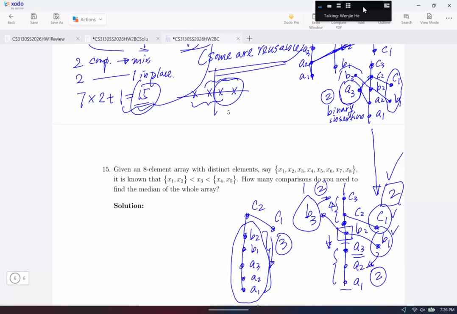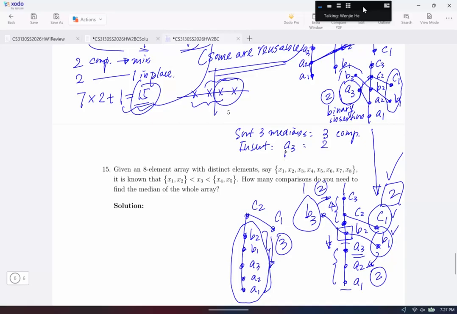All right. So here you can see, after we sort 3 medians, 3 comparisons. Then insert A3, 2 comparisons.